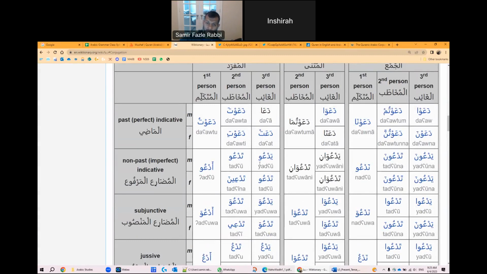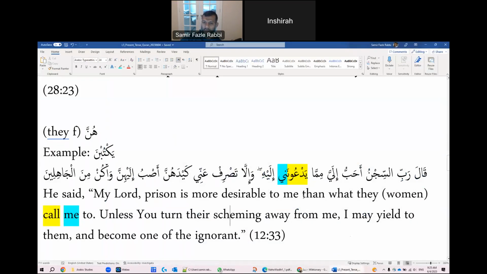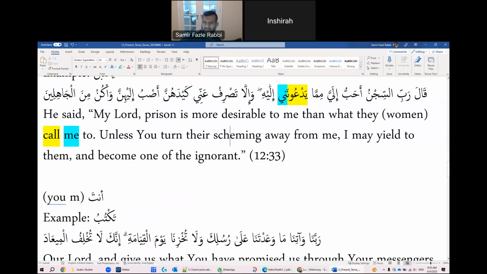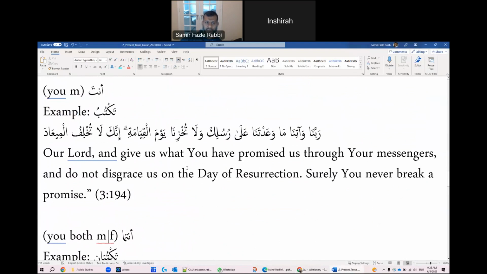Present tense is yad'u, which ends with the wow. So the verbs that end in wow, aleph, or ya, their conjugation is slightly different on a few things, as we notice here. But it's very minor differences, such as the one we saw right there.